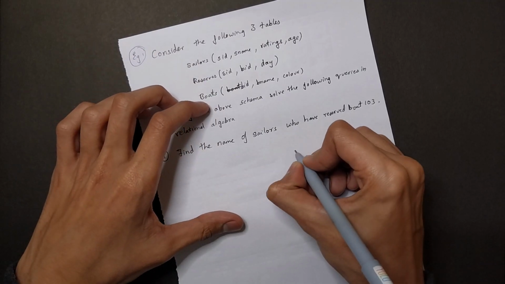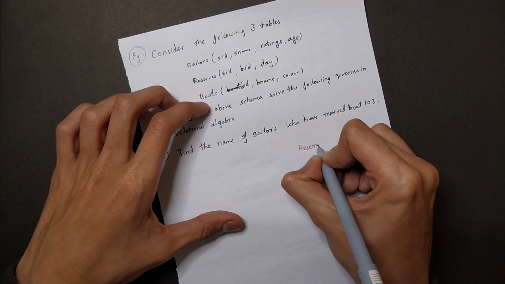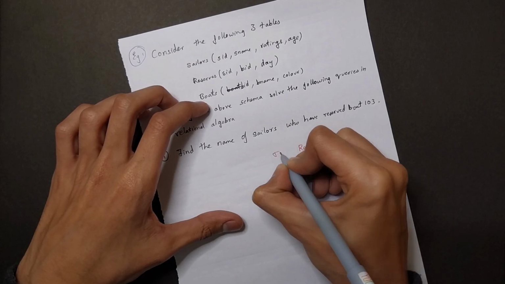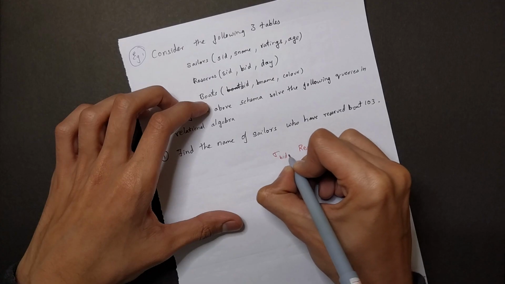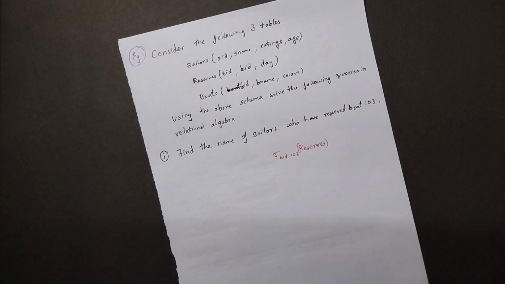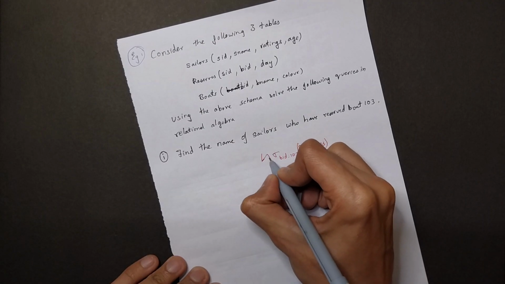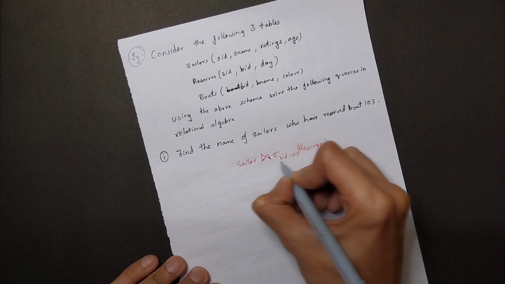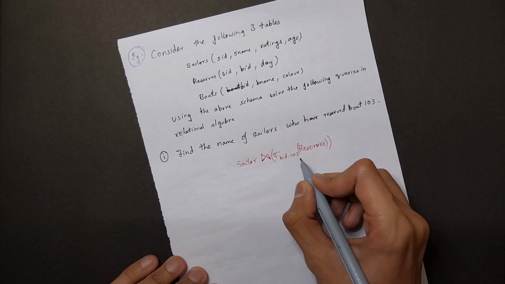So first you need to select reserves, and the condition for selecting this is BID equals 103. This is my first condition. Now I will join this whole thing with sailors.